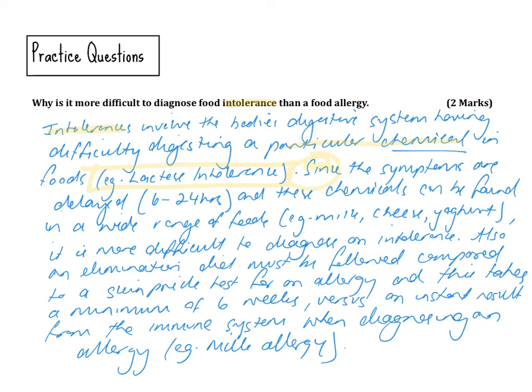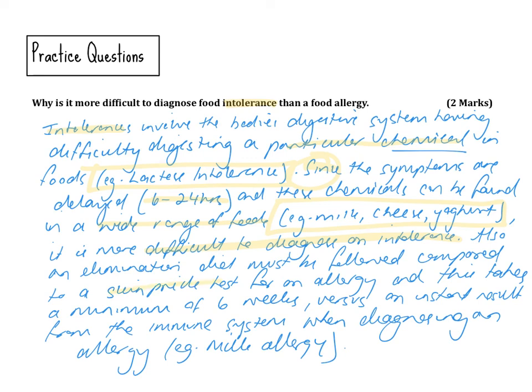Since the symptoms are delayed 6 to 24 hours, and these chemicals can be found in a wide range of foods, for example, milk, cheese, and yogurt, it is more difficult to diagnose an intolerance. So that component of the response there really addresses that question. Also, an elimination diet must be followed compared to a skin prick test for an allergy.